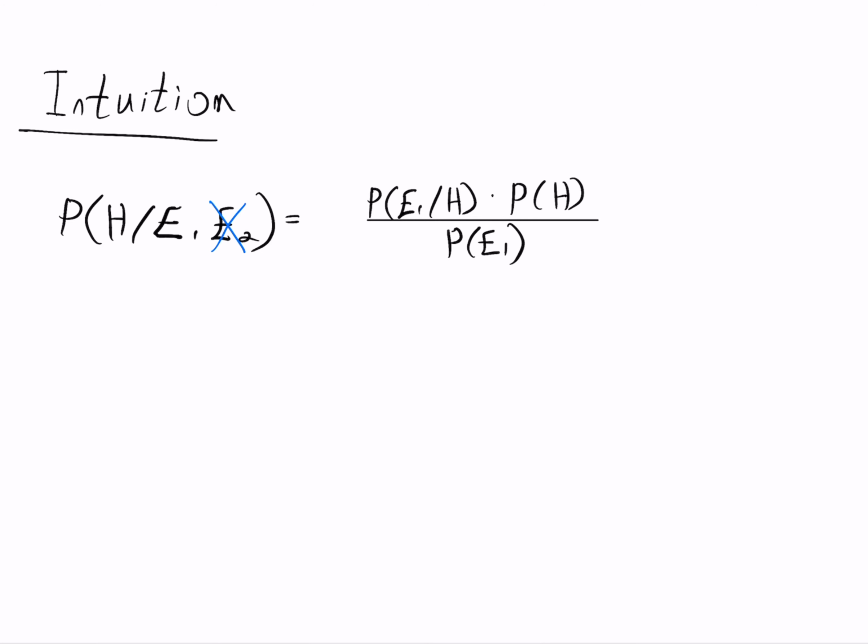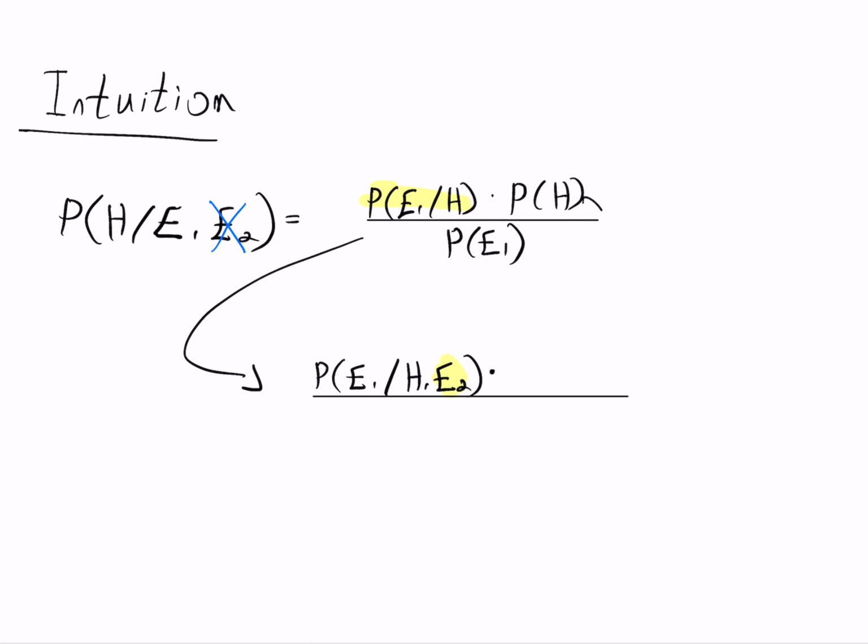What does this actually mean, given E1 and E2? This means that I know that evidence 1 occurred, and now someone comes and says, listen, evidence 2 also occurred. What does this mean? Instead of taking P of E1 given H, I actually need to take P of E1 given H and E2 as well, because I know that E2 also occurred.